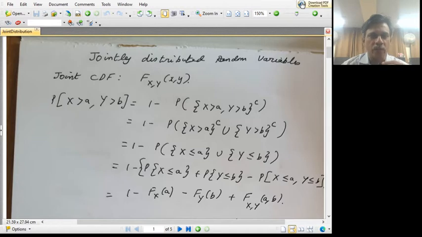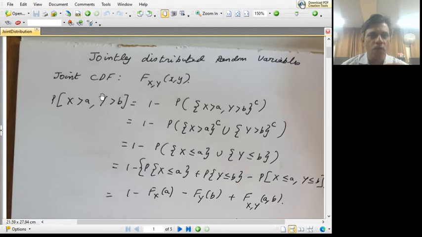Before getting into that, we looked at how the joint cumulative distribution function of random variables can be defined. For example, F_XY(x, y) is the joint CDF of the two random variables X and Y that gives you the probability that the random variable X is less than or equal to the value small x, and random variable Y is less than or equal to small y.